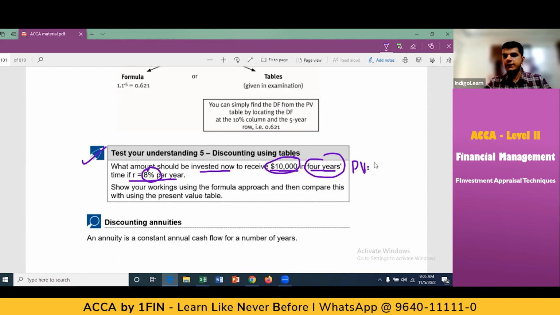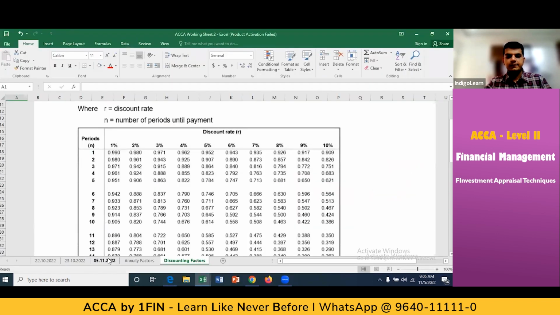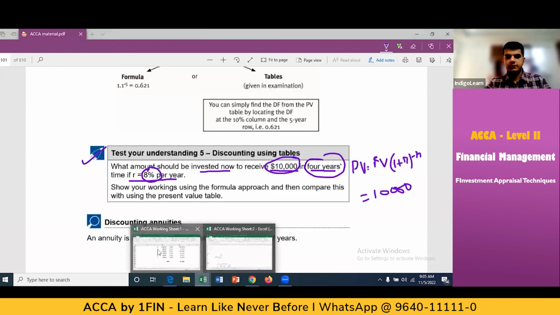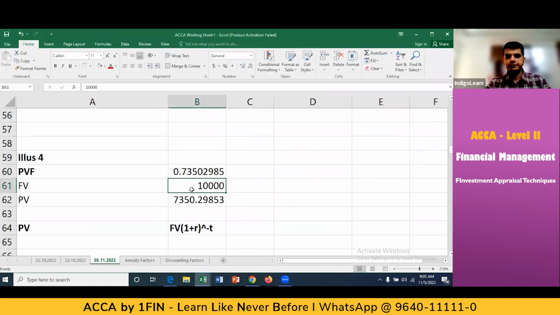By this formula only we'll calculate: future value times (1 plus R) to the power minus N. Or we'll just do it in Excel. So future value we have it.